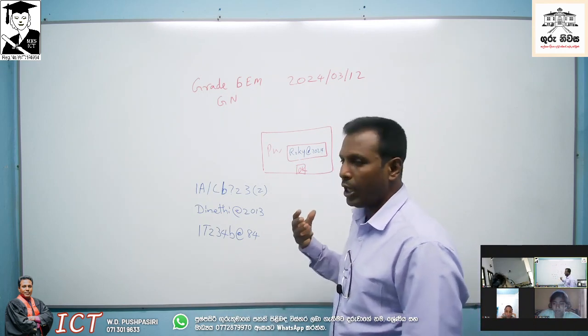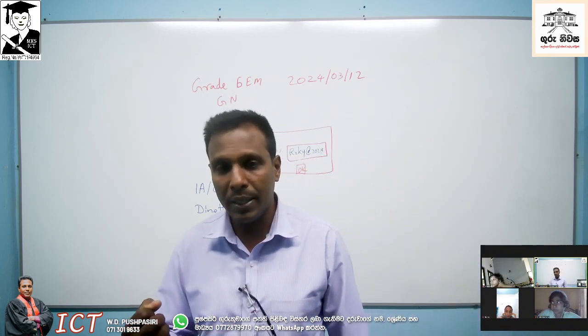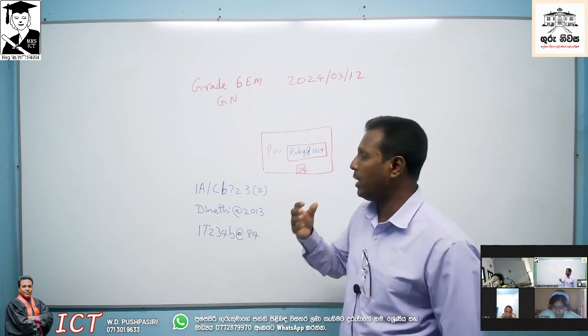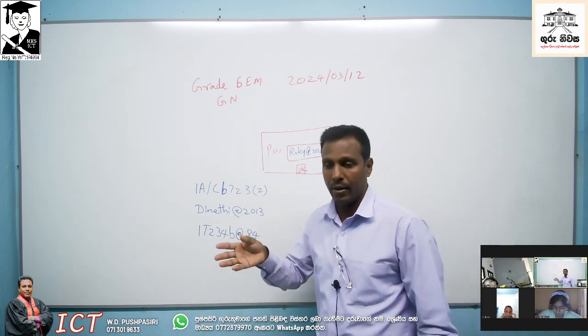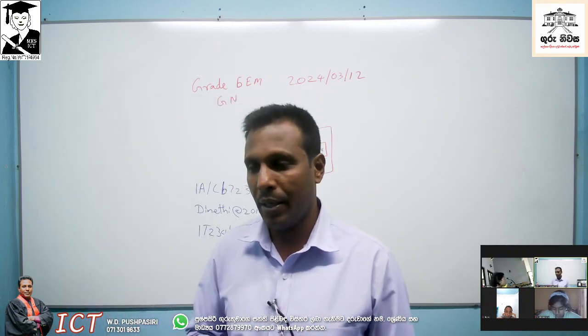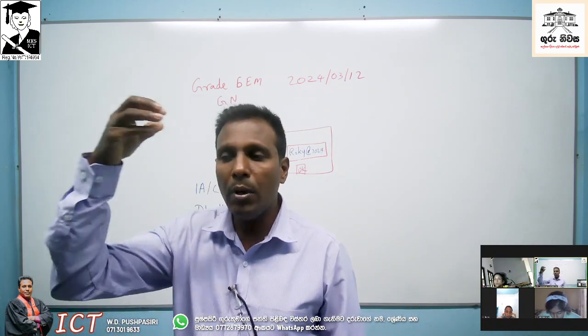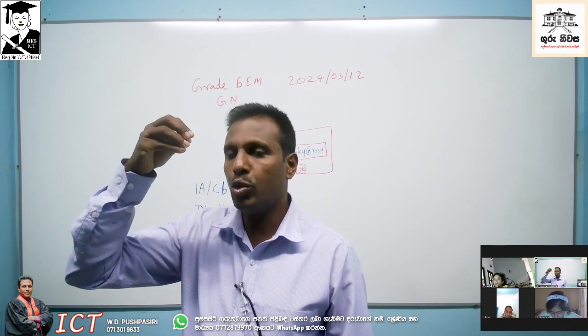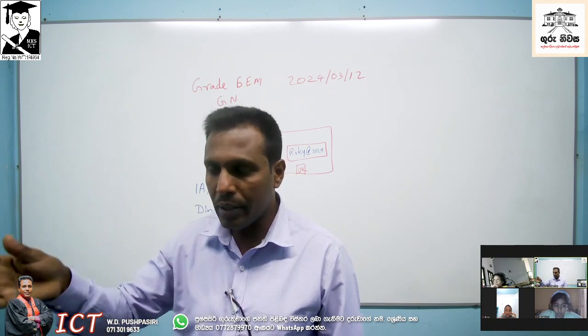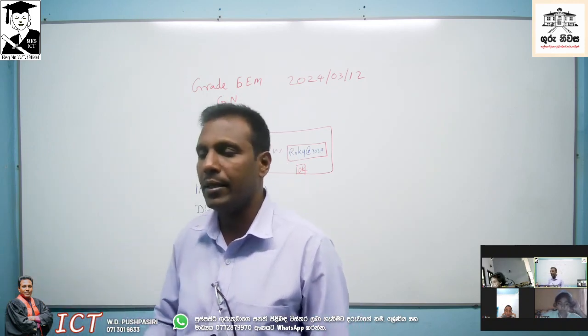Then there should be a meaning. That is how you can remember it, because we have to remember the password. Password should not be written anywhere. Password should always be remembered in your mind. You should not write it anywhere or any place, because if you write it somewhere else, others can take it.